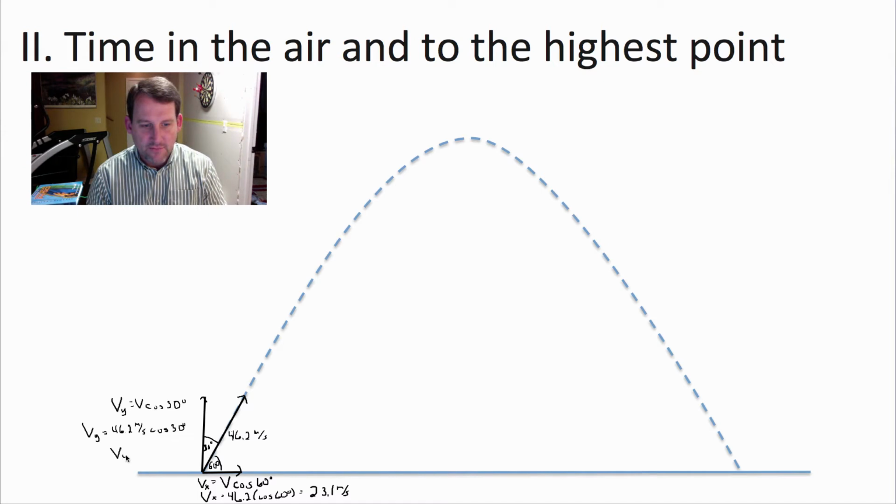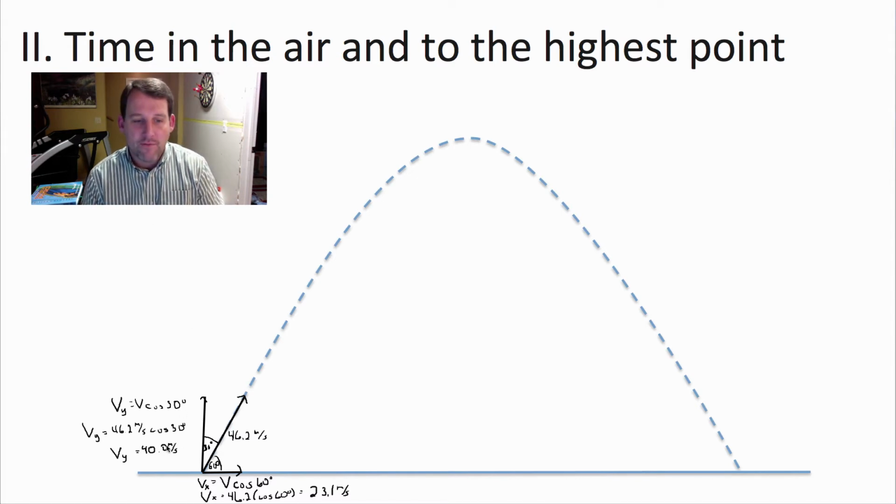And we find out that v sub y is 40.0 meters per second. So we have a vertical speed here to start out with of 40 meters per second and a horizontal of 23.1 meters per second. And that was just using our trig functions to find that.